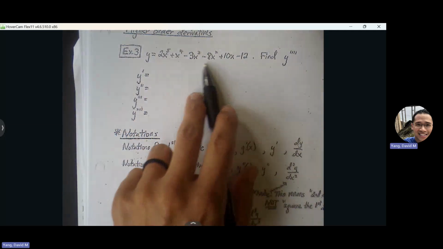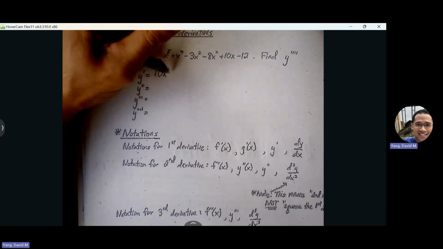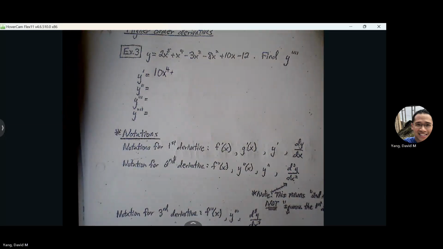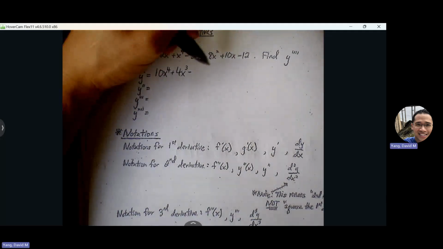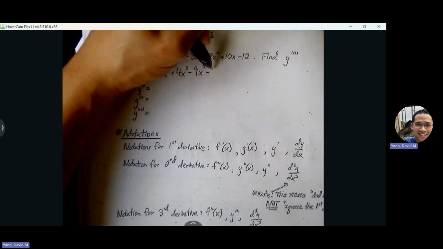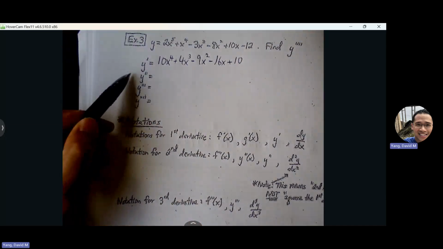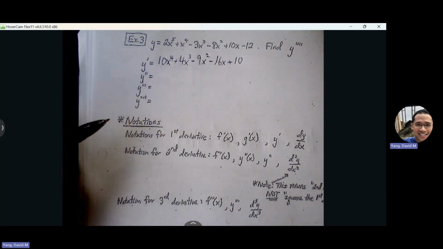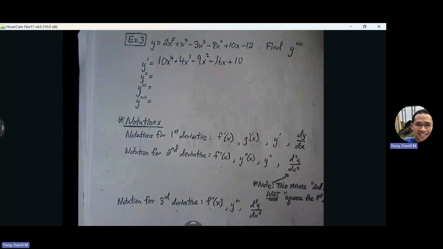So y prime, where every term is ready for power rule: 10x to the fourth minus 9x squared minus 16x plus 10. Okay, so keep going. Find y double prime, and then the third derivative and the fourth derivative. Typically, when we get past 4, we start using numbers rather than tick marks. We'll say y fifth of x, and this means the fifth derivative.